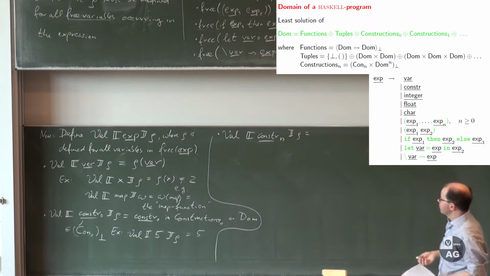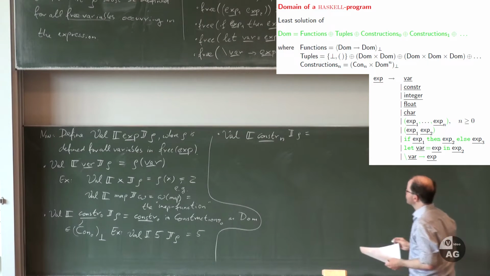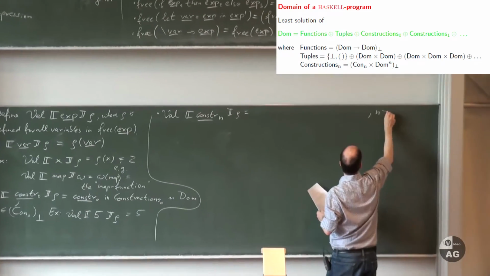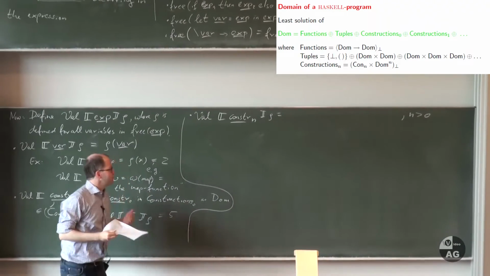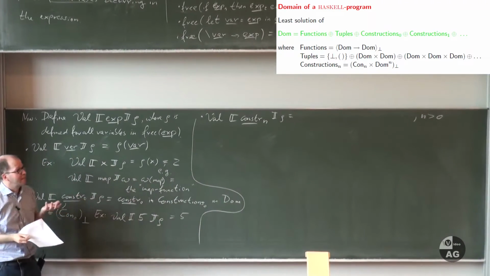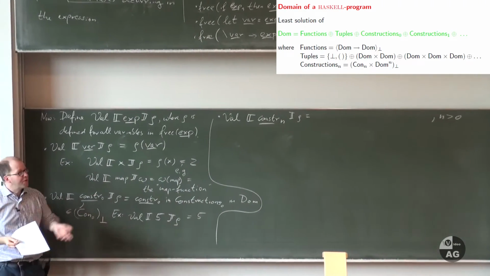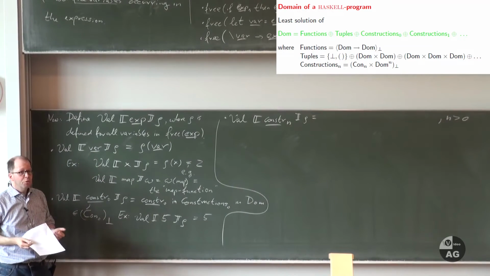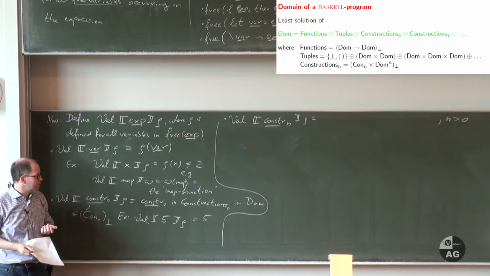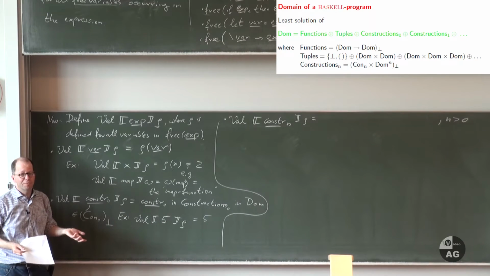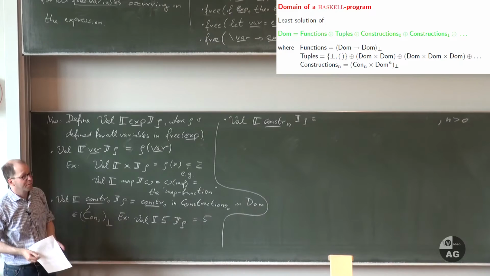Now if n is greater than 0, then what we expect is that the meaning of this is a kind of function. So it should be some function from the domain which waits for n arguments. And if it gets n arguments, then it produces the corresponding object from the domain.